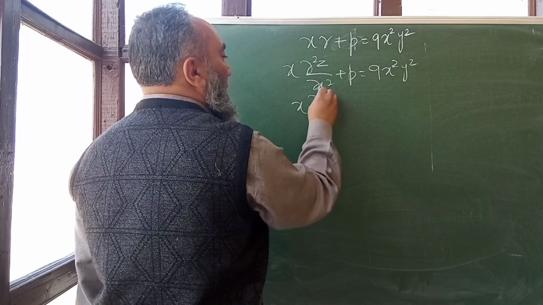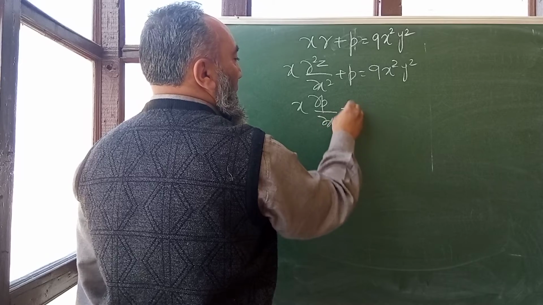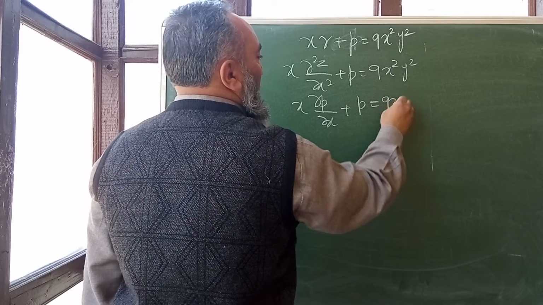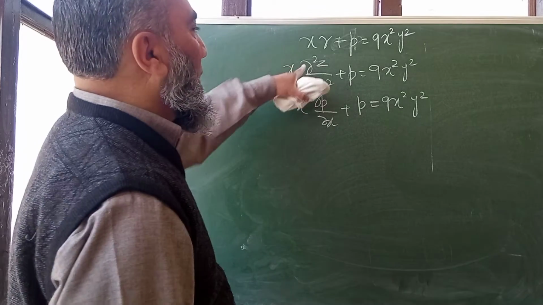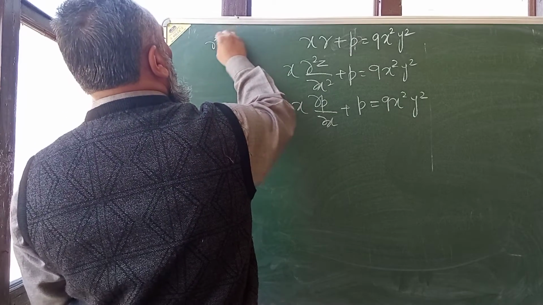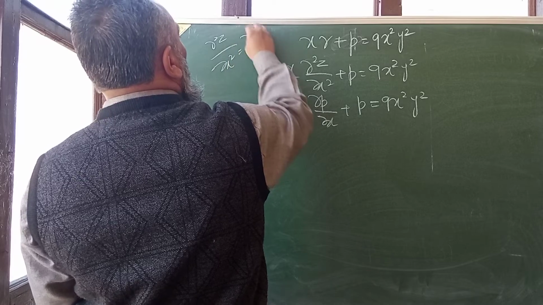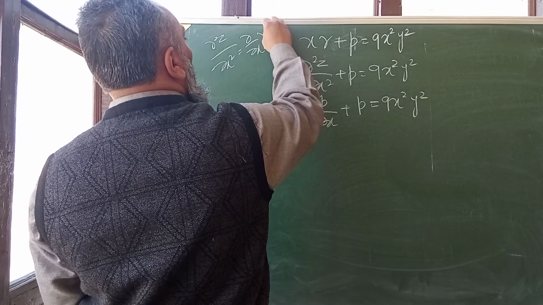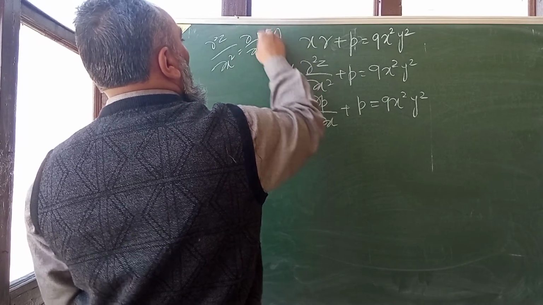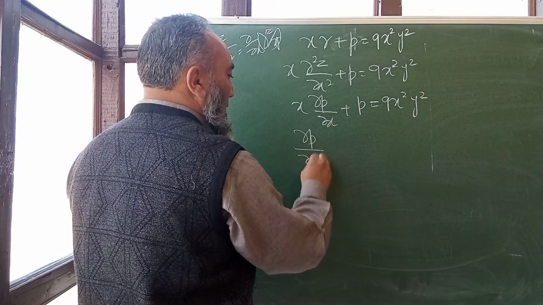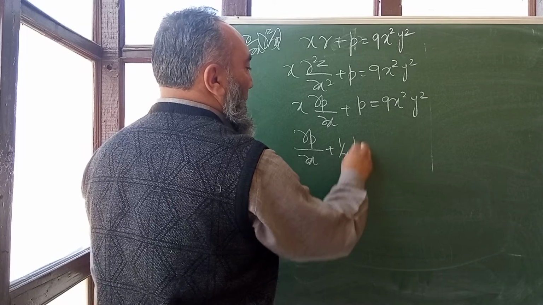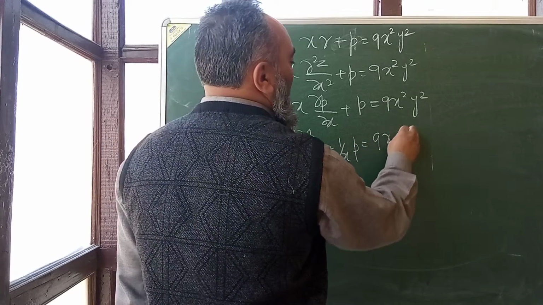This is x del p by del x plus p equal to 9x square y square. Here del 2z by del x2 is del by del x of del z by del x, which is del p by del x. Or del p by del x plus 1 by x p equals 9x y square.